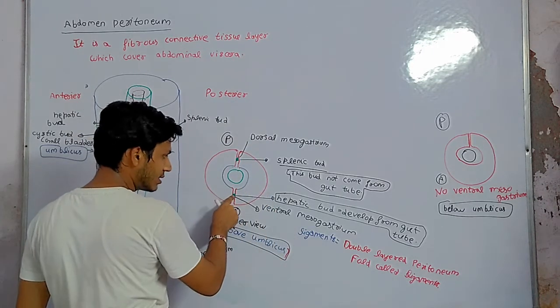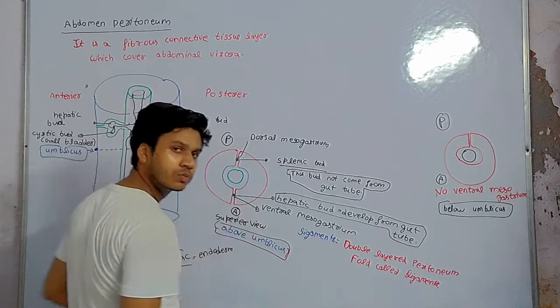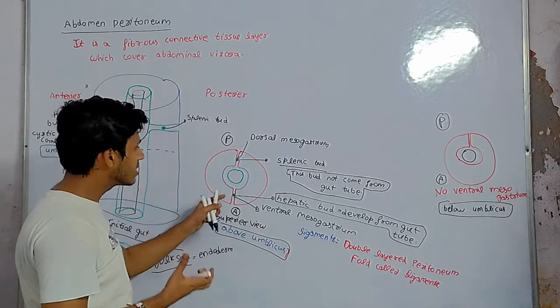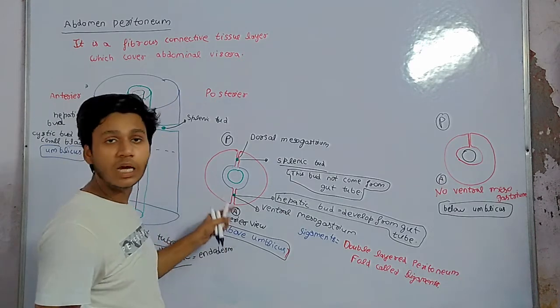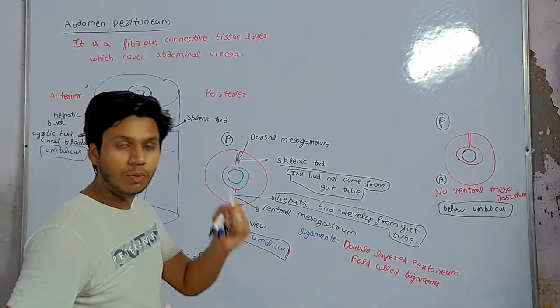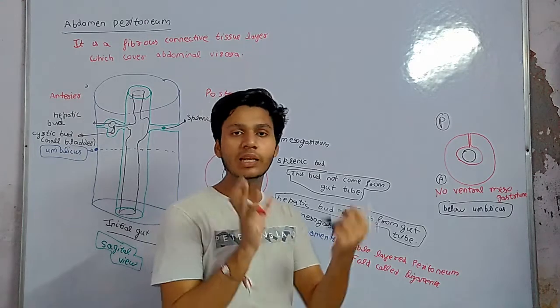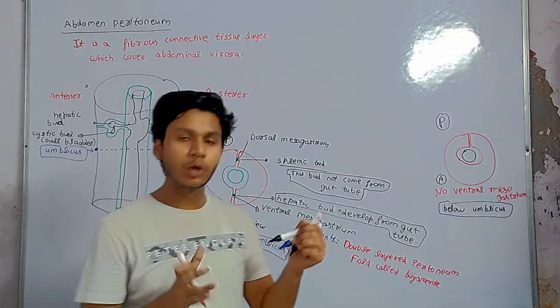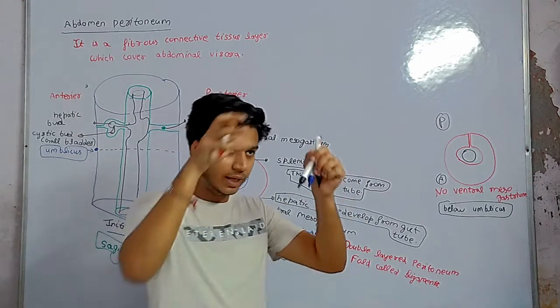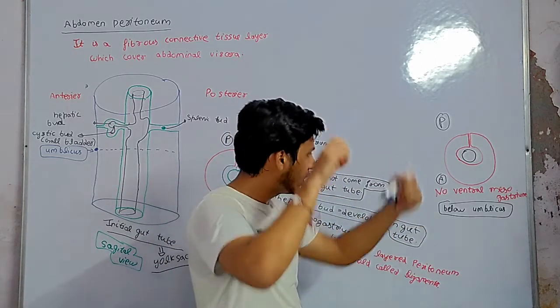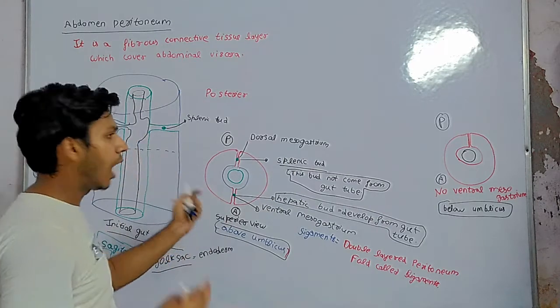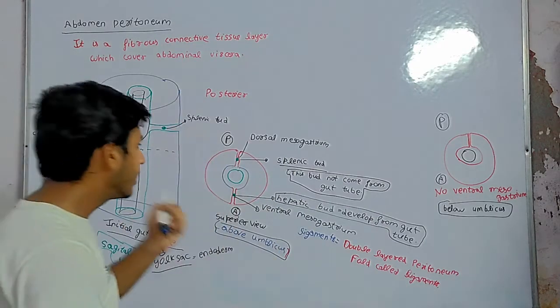Let's say this is the liver bud. It develops, its size increases, and the liver completely forms. So it is covered by the hepatic peritoneum, basically the part of the peritoneum which covers the liver, completely. And we know below the diaphragm there is a barrier present.